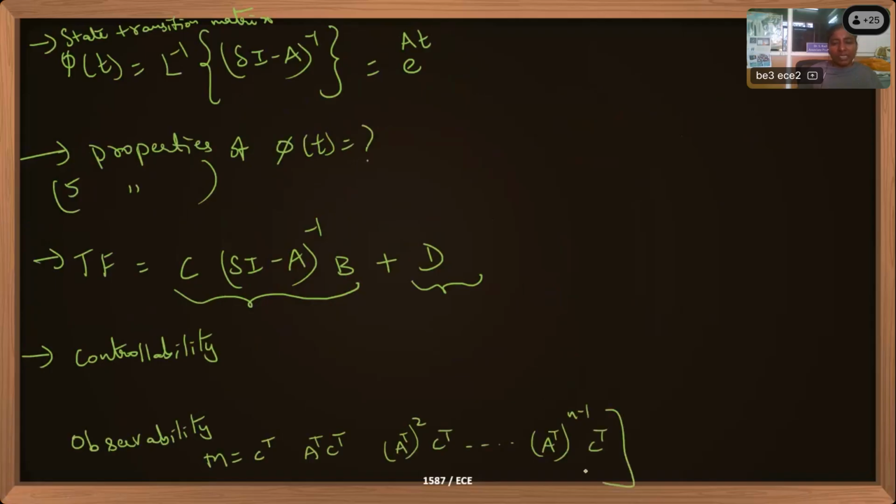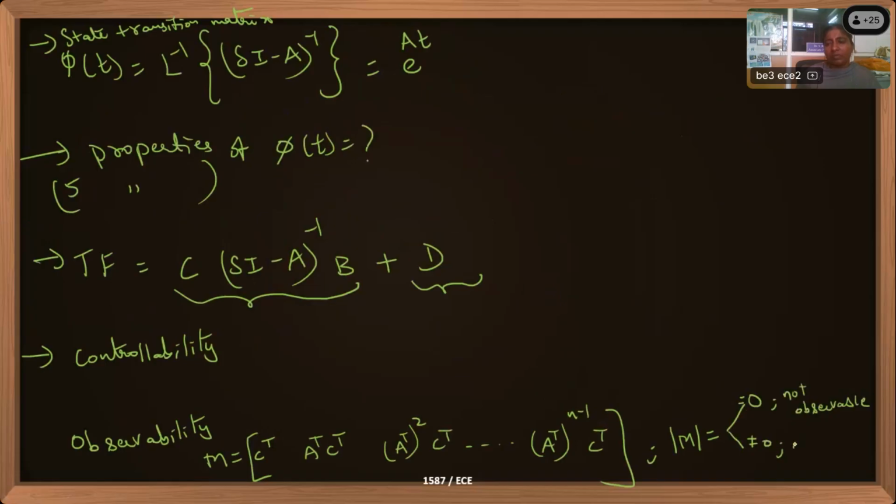You have to form a matrix like this and then find the determinant of M. If the determinant is 0, it is not observable. We cannot do anything. If the determinant is not equal to 0, it is observable.